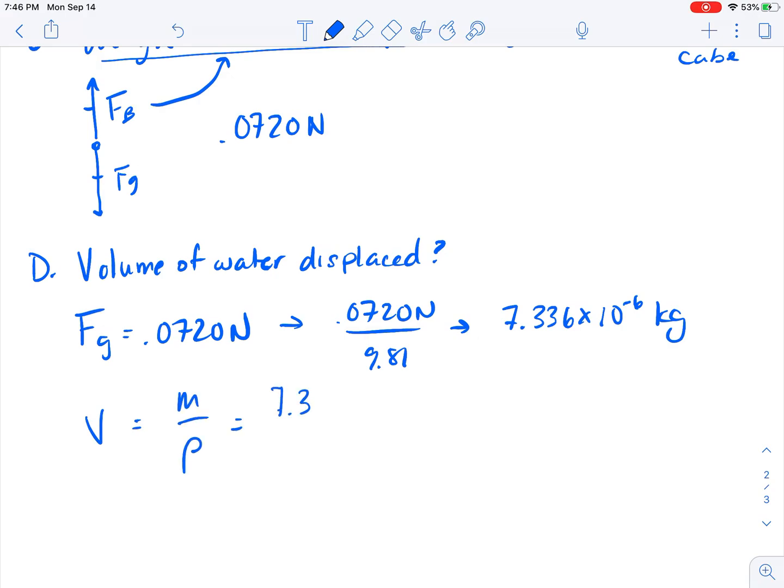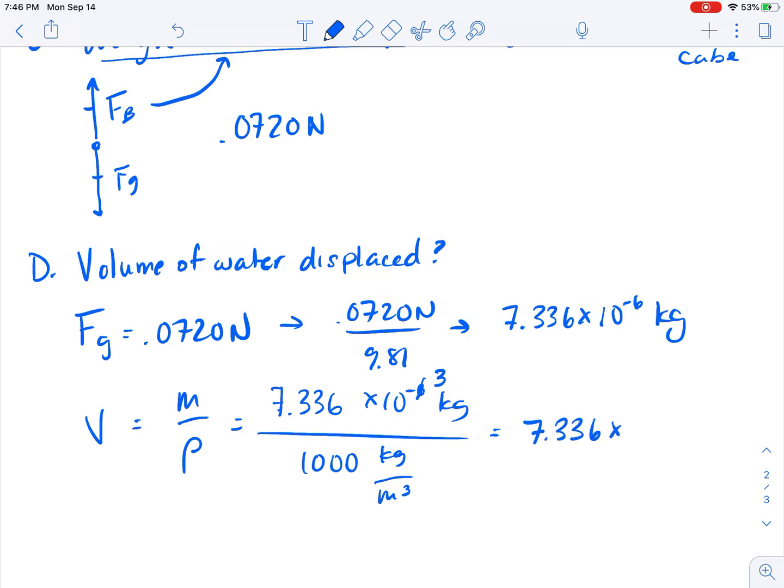So that would be 7.336 times 10 to the negative 3rd kilograms divided by the density of water, which is 1,000 kilograms per meter cubed. And that is going to give me 7.336 times 10 to the negative 6th meters cubed.